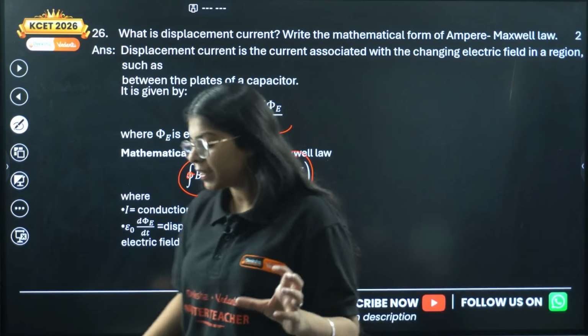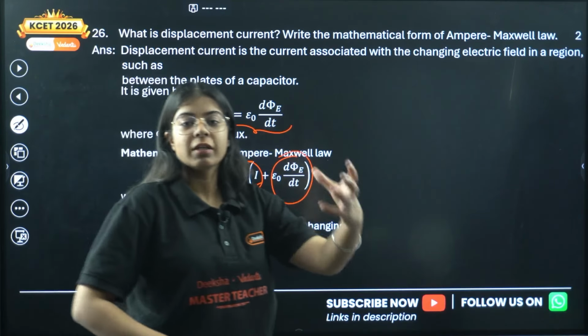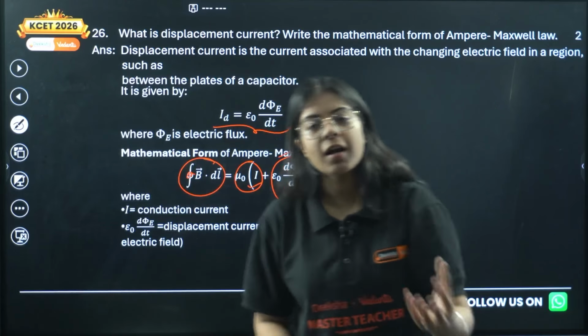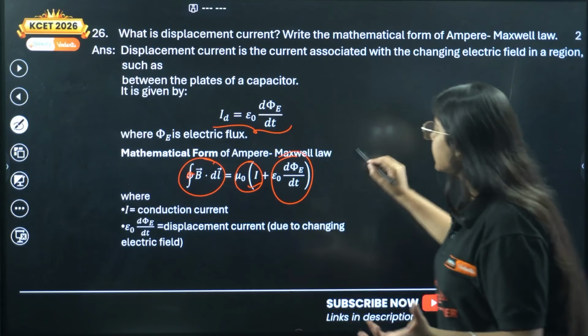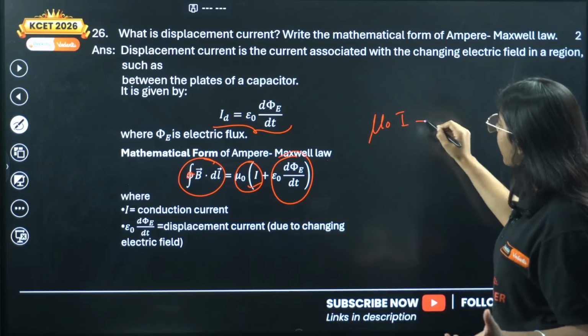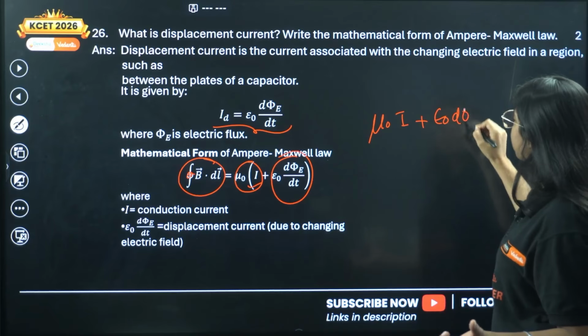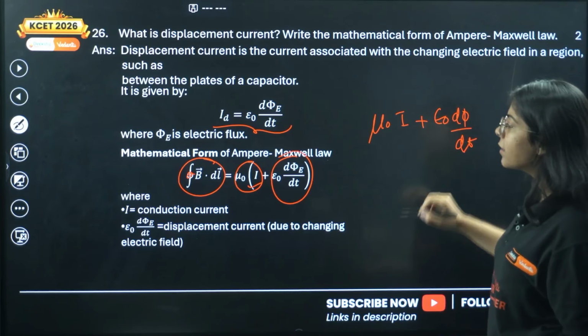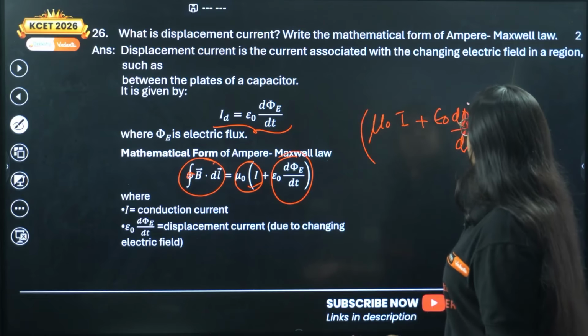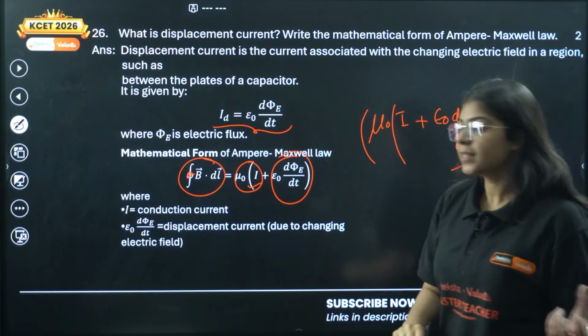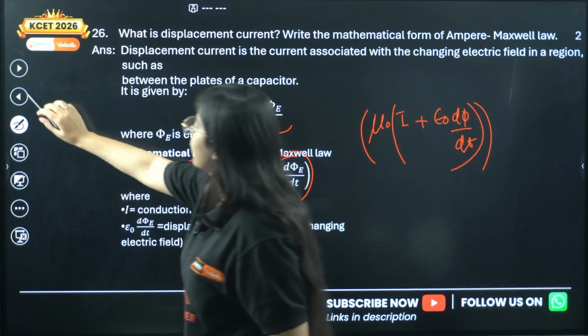So the magnetic field is because of both conduction current and displacement current, hence it's mu naught I plus epsilon naught d phi by dt, correct? Let's move on to the next question.